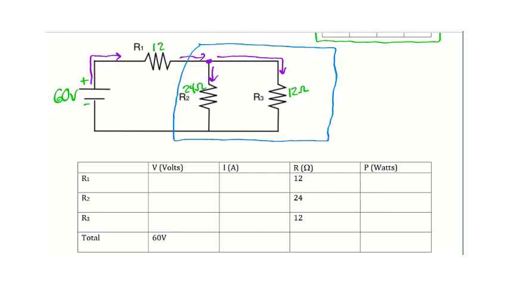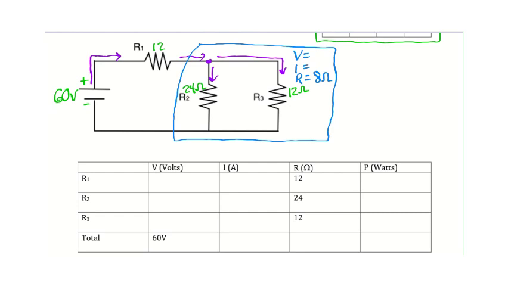In your calculator, you're going to hit 24, hit the x to the negative 1 button, plus 12, hit the x to the negative 1 button, and then hit the x to the negative 1 button one more time, and you're going to find that the equivalent resistance of this blue box that we have just created is 8 ohms, because that is the combined resistance of a 24 ohm resistor and a 12 ohm resistor in parallel.